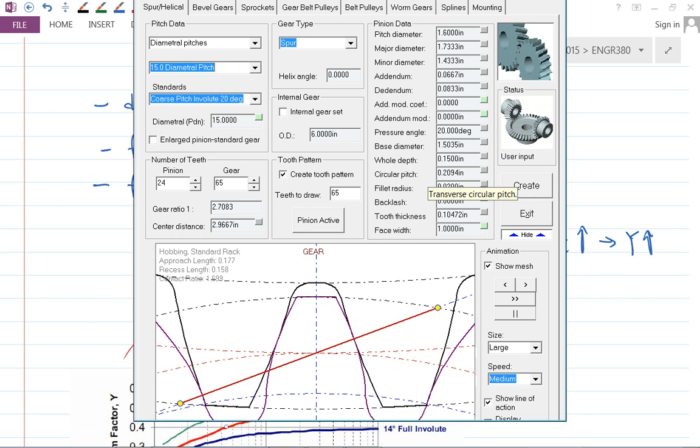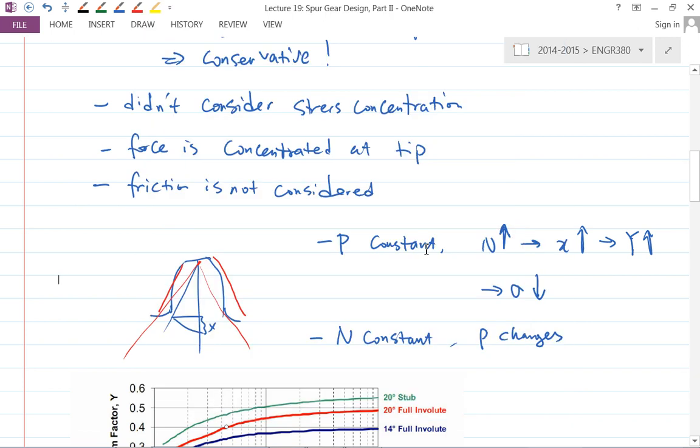The gear profile, the tooth form, doesn't change. If the tooth form doesn't change, does the Y change? The Lewis form factor. The Y, as we observed, doesn't change. That's a simple observation, right? Basically, the form doesn't change.